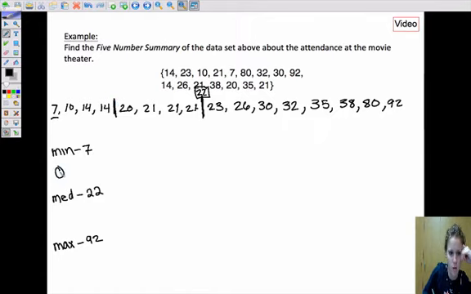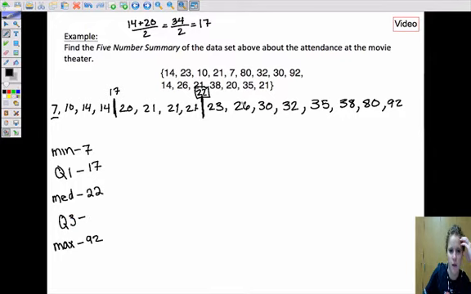So my first quartile is going to be 14 plus 20 divided by 2. 14 plus 20 gives me 34 divided by 2. That's 17. That would be my first quartile. And my third quartile is going to be right here in the middle of 32 and 35.